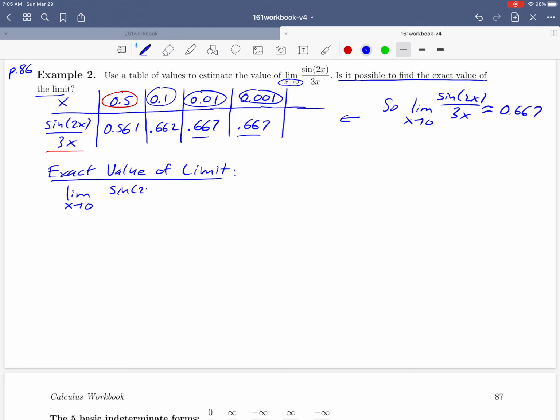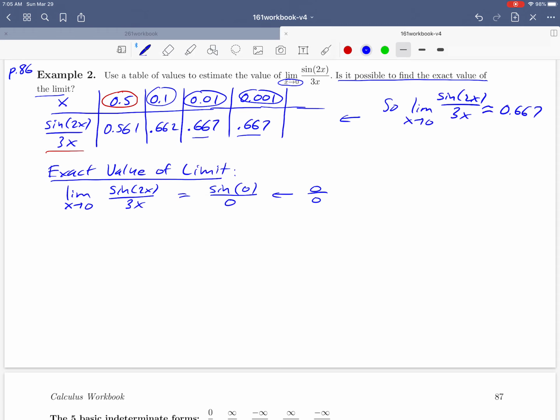Let's first remind ourselves of how we approached finding an exact value for a limit earlier in the course. It has been a while, I know, but what we did way back when was we just tried to directly substitute in the x value that we're approaching. If we did that, we would get sine of 2 times 0, which is sine of 0, over 3 times 0, which is 0.